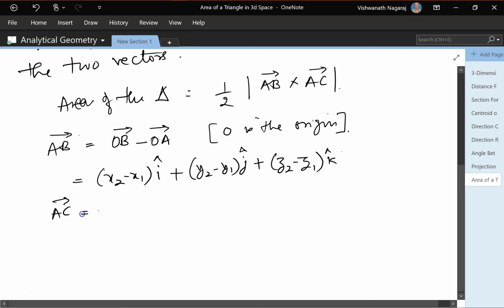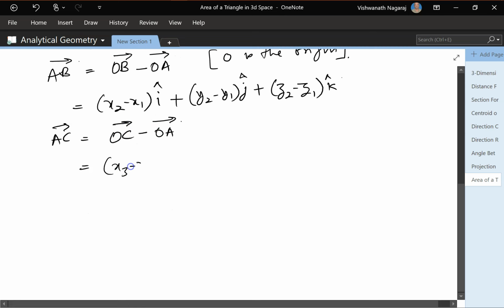AC would be, again using position vectors, OC minus OA. So this would be x3 minus x1 i plus y3 minus y1 j plus z3 minus z1 k.